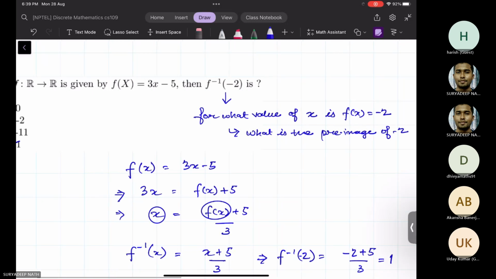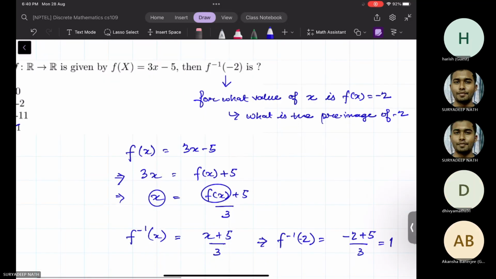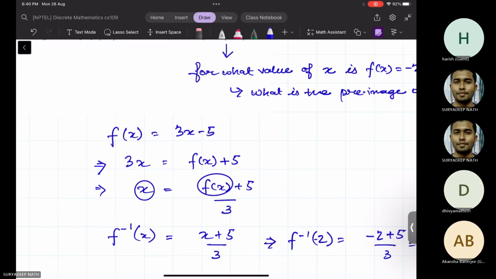So how to find it is we write it down as f(x) = 3x + 5, and we write it such that on the left hand side we have x and on the right hand side we have f of x. So if we plug in the value of f of x on the right hand side, we get back x, which is that x that helped in giving f(x) equal to minus 2.